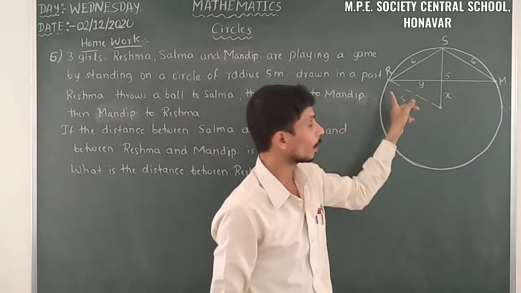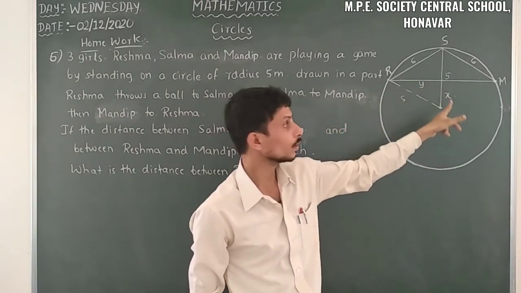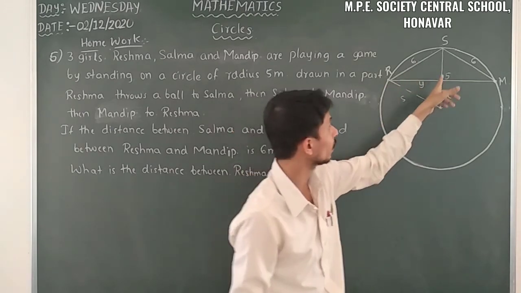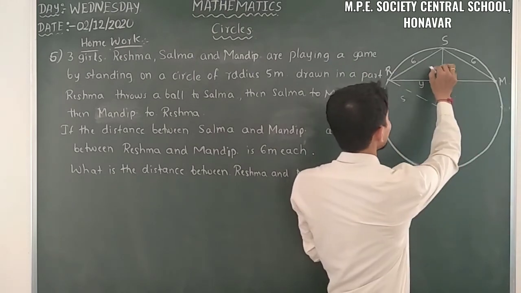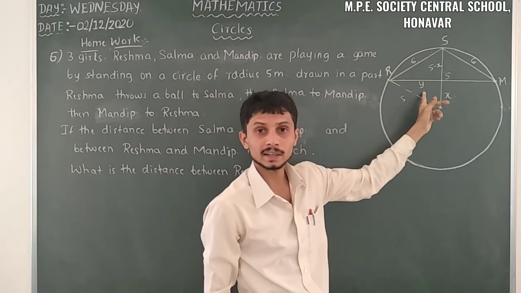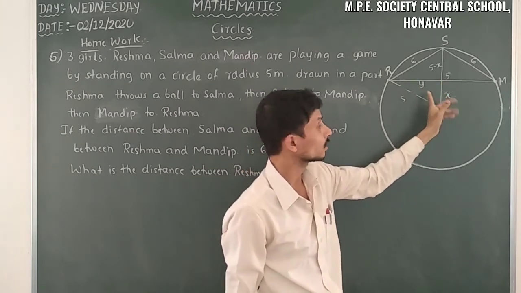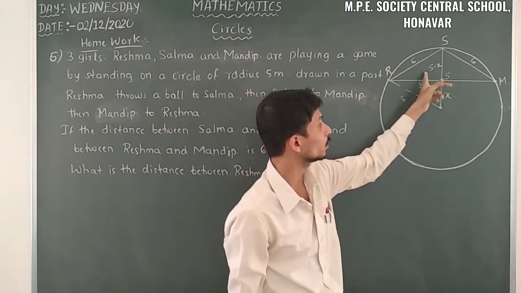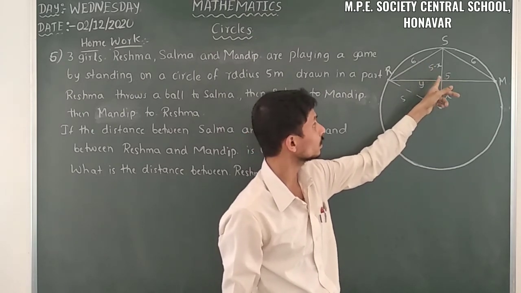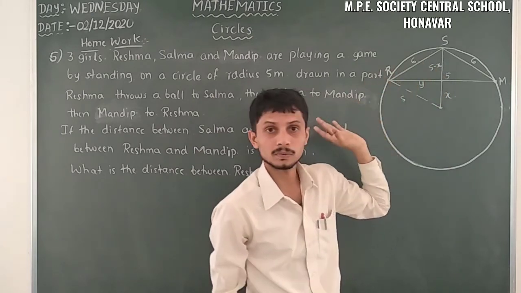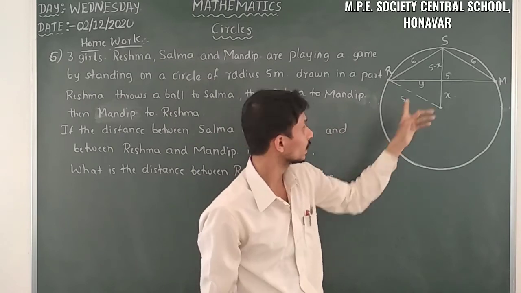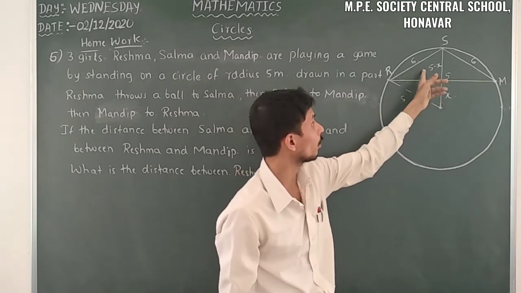Here we have to apply the Pythagoras theorem. Here also you have to apply the Pythagoras theorem. Remember, this distance is 5 minus x. Here it is also a right angle triangle, and here it is also a right angle triangle. So here we have one equation, and here also we get one equation.